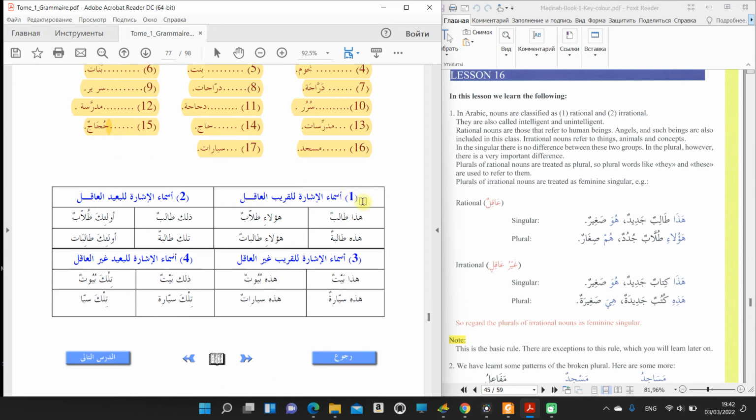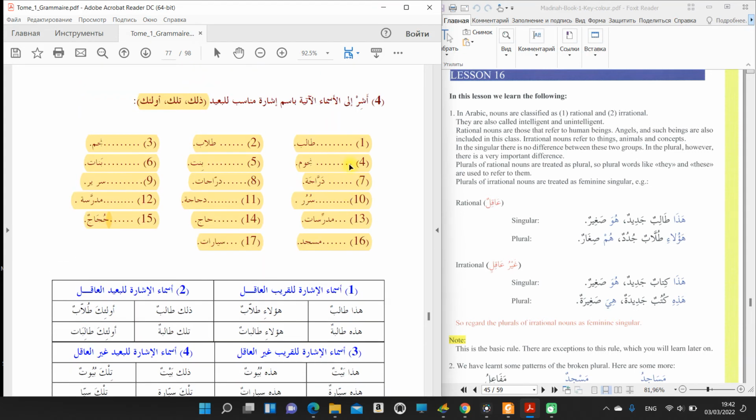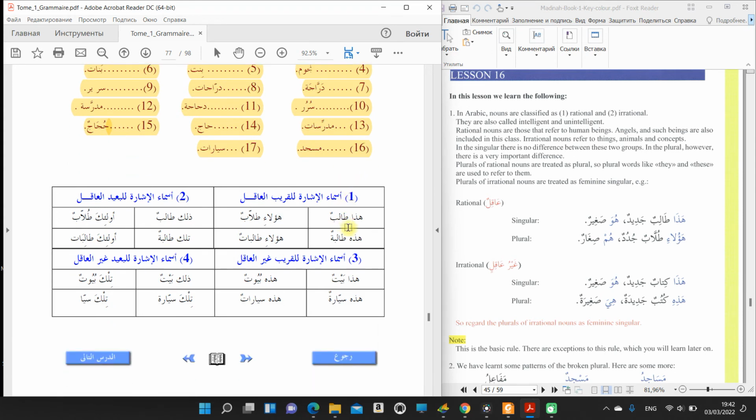MashaAllah. Here they divided the pronouns into 4 categories. The first one, أسماء الإشارة للقريب العاقل, means nouns that point to something that is close and has intelligence. هذا طالب. طالب has intelligence and it's not far from us, it's close to us.